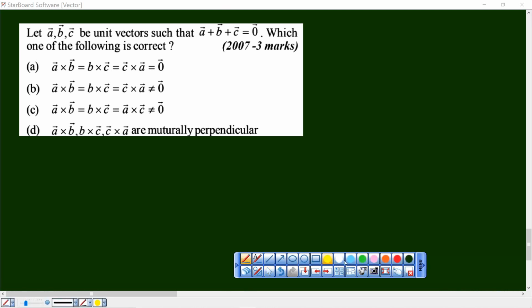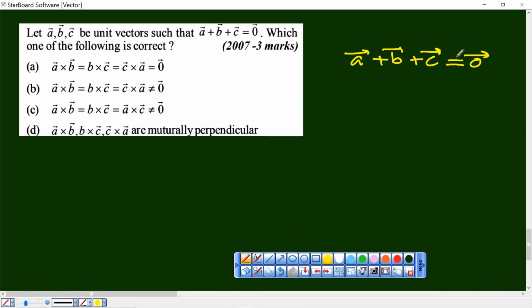Okay, look at that. We have seen that if three vectors are in equilibrium, haven't we? If three vectors are adding up to null, they are said to be in equilibrium, right?